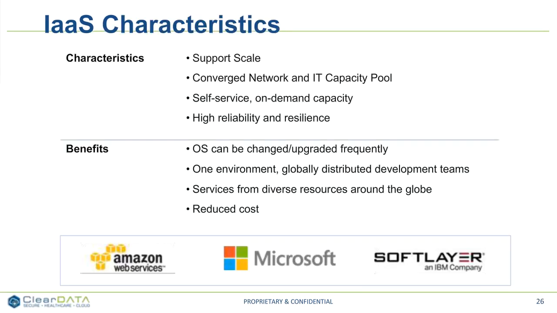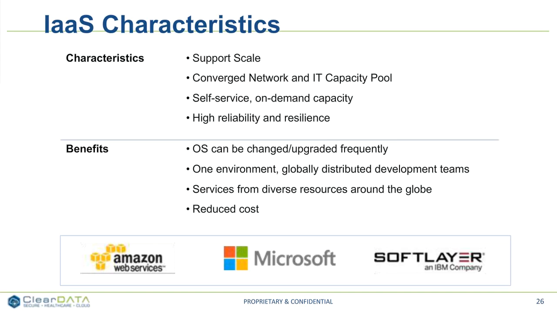On to slide 26. Some of those characteristics really include lots of scale, lots of converged network and IT capacity. There's lots of self-service and on-demand capacity that can happen in an IaaS environment. Lots of reliability and resilience, and the benefits also include the fact that you can manage your OS.